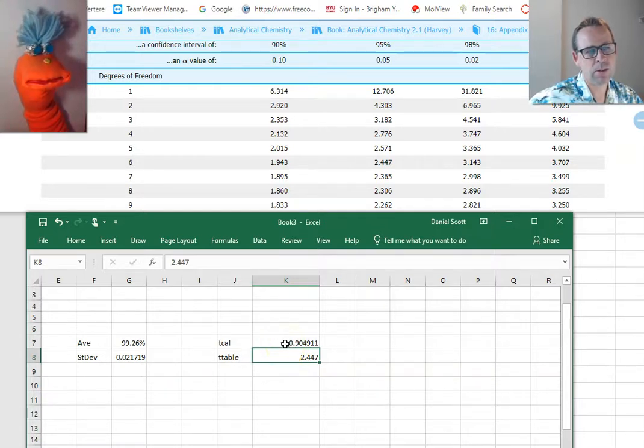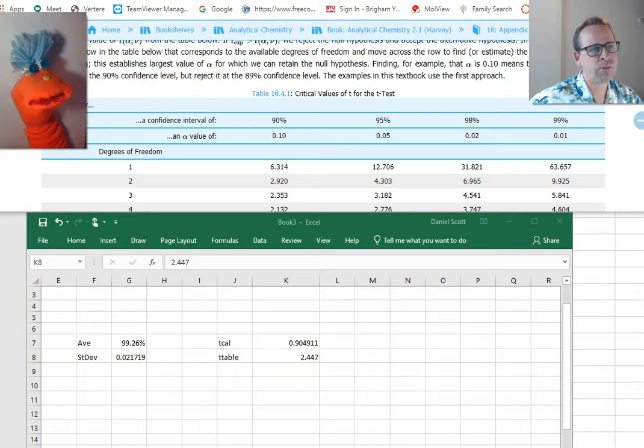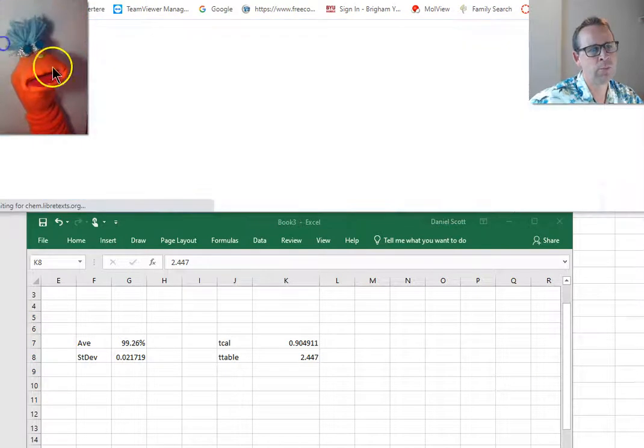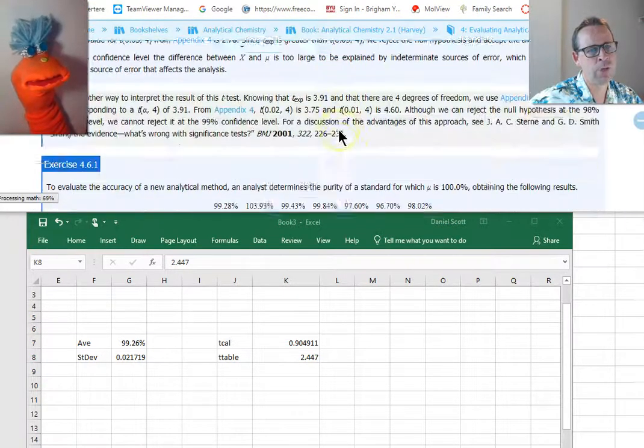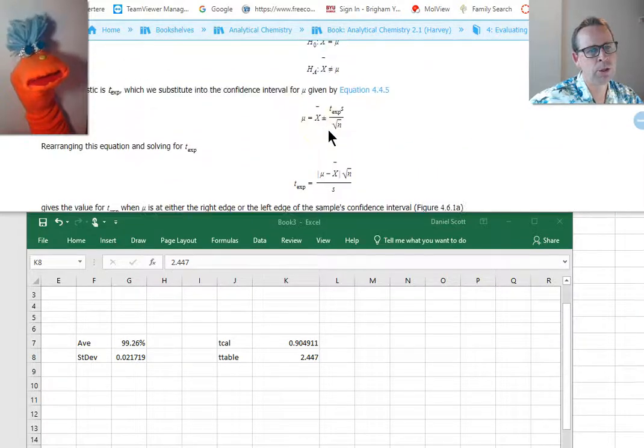So what does that mean? Well, you didn't get it above 2.447, so the value that your standard deviation will be multiplied by in your, what do you call those things? Yeah, the confidence interval. The value that the standard deviation will be multiplied by in the confidence interval. Where's that equation?